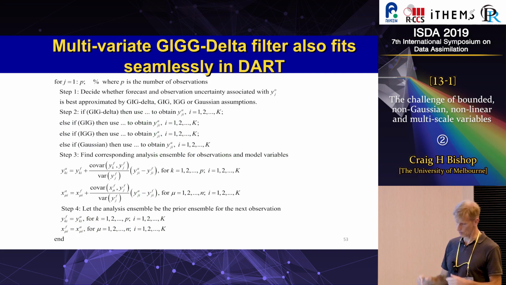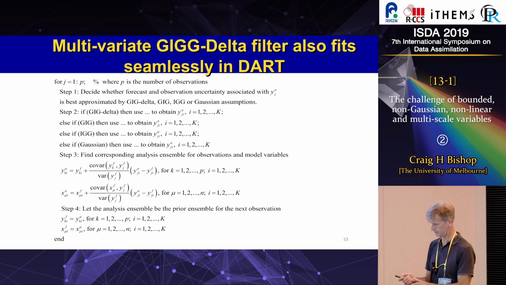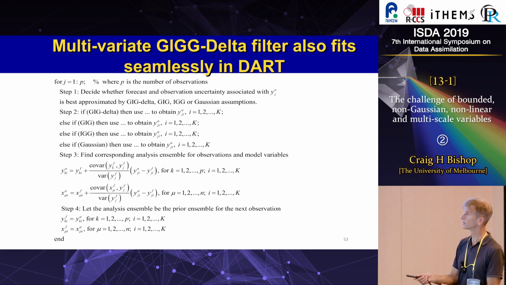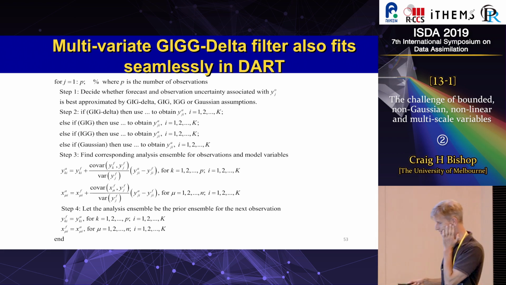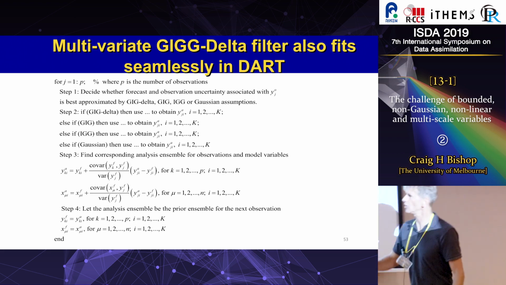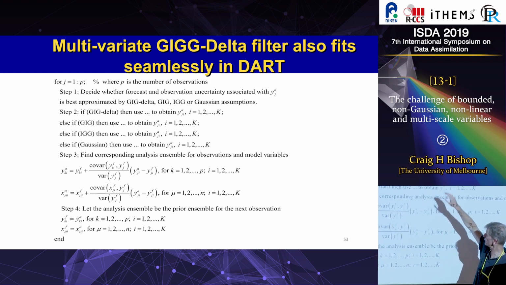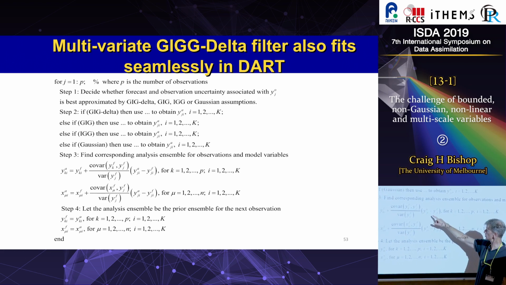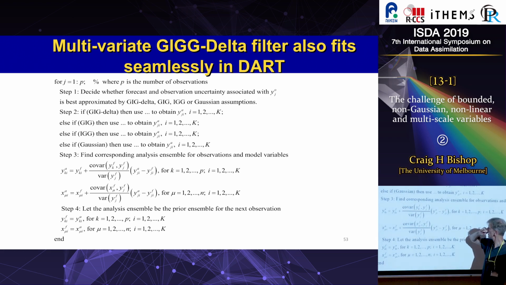So we get this. One thing that I didn't talk about was this bit. I'm back to the linear case here, but we could do a nonlinear case as well. I just showed you that with this GIGG-Delta infrastructure, I can have a situation where none of my forecast members have rain, so they'd all be 0. Suppose I observe rain.